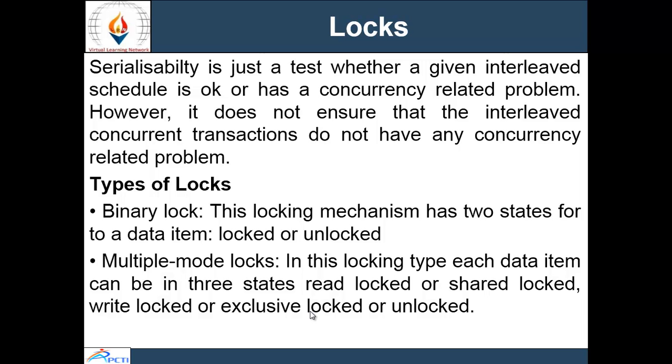For example, if there are two transactions named T1 and T2, then after completing the first transaction, the second will begin, meaning at a time only one transaction is active.